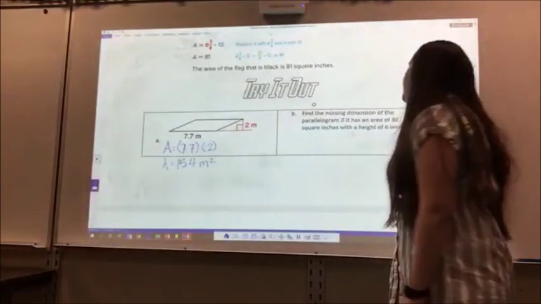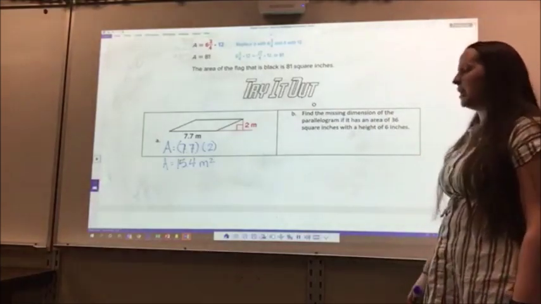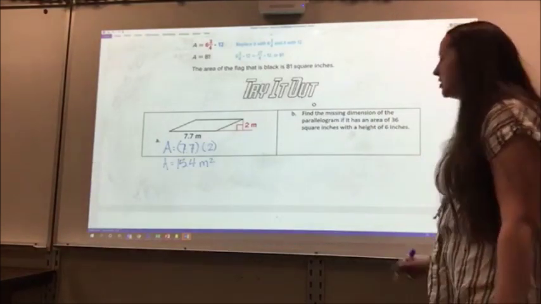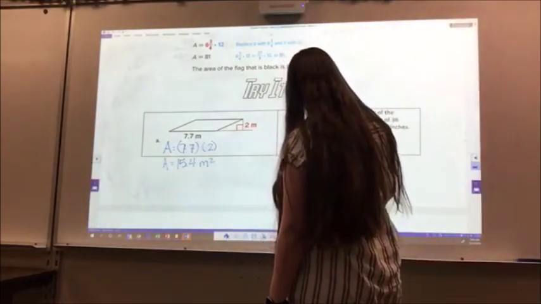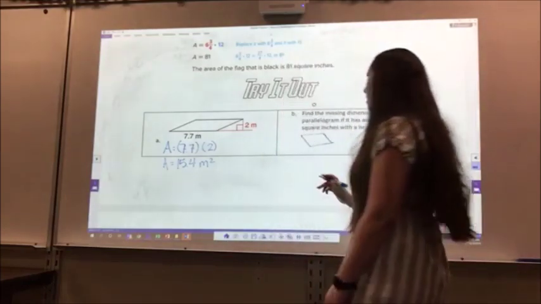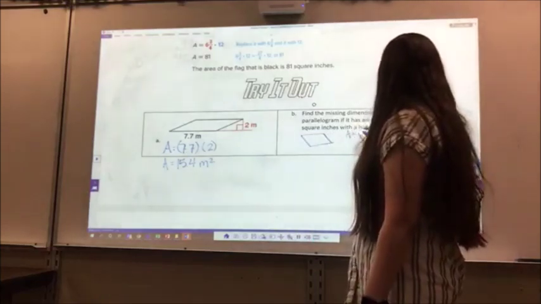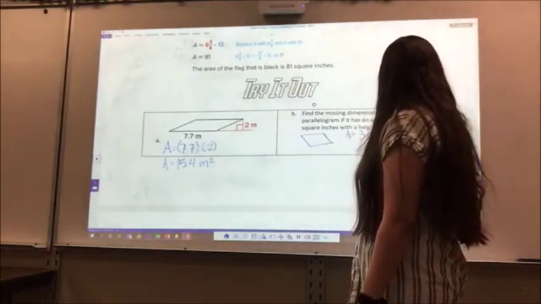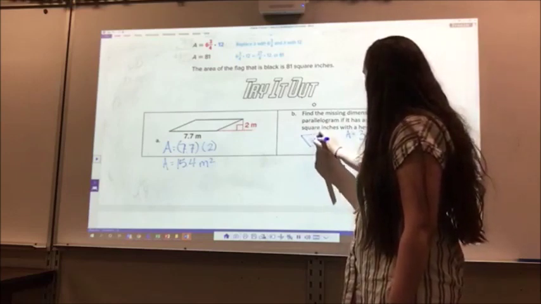Letter B says find the missing dimension of the parallelogram if it has an area of 36 square inches with a height of 6 inches. So I'm going to draw my parallelogram. Okay, so here's my parallelogram. It's not perfect. Okay, so my area is 36 inches squared, and my height is 6 inches.